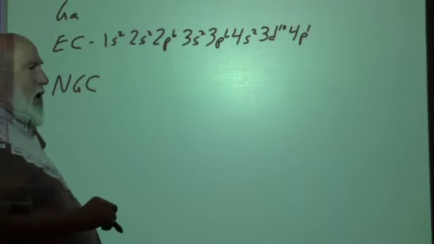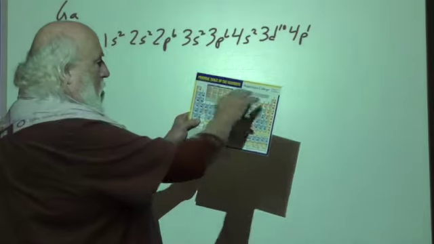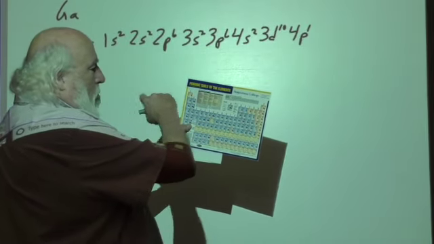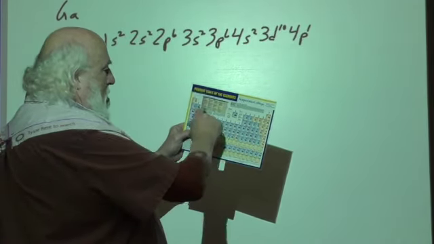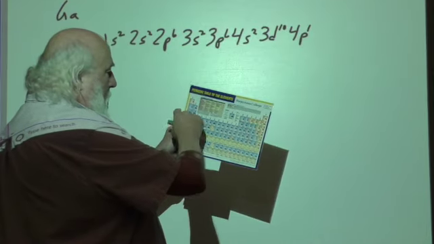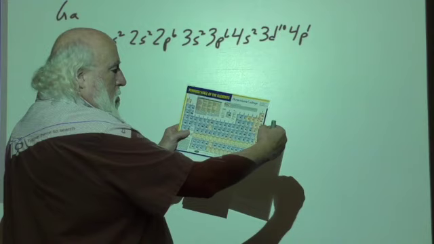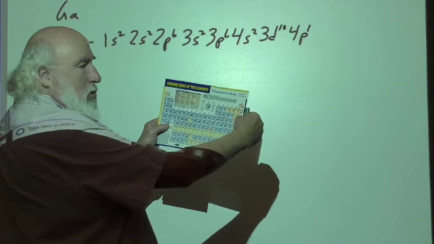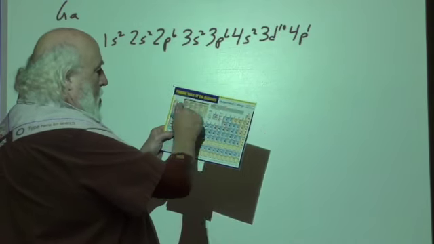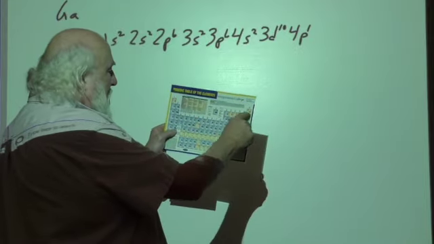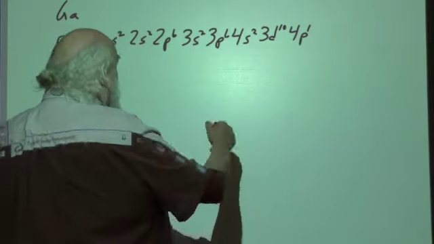And the noble gas configuration, if we take a look at the chart here, we look at the noble gases that we go past. We go past helium, we go past neon, we go past argon, and we don't quite reach krypton. So the last noble gas we went by was argon. Now argon is 1s2, 2s2, 2p6, 3s2, 3p6.